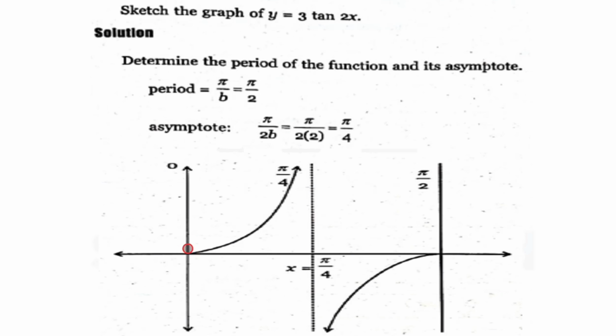From 0 to this line is pi over 4, and from here up to here is also pi over 4. So when we add the two, 1/4 plus 1/4, it is 1/2. So, from 0 to pi over 2, when you divide it into two, each is 1/4, with the asymptote in the middle.